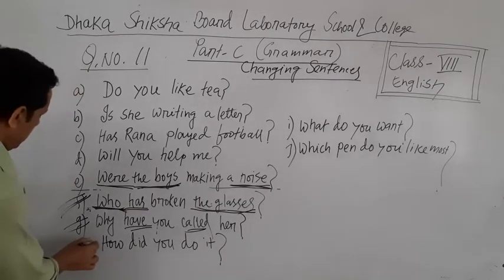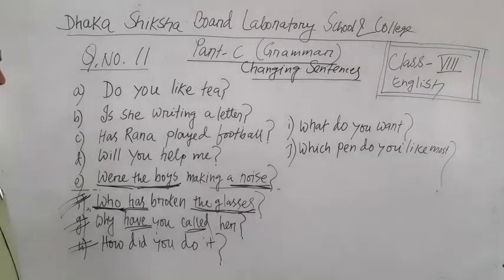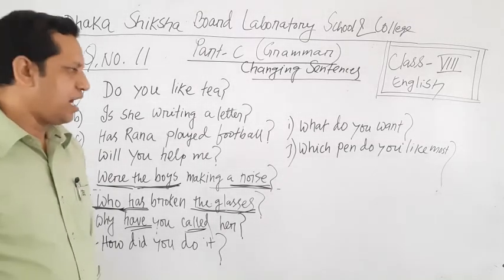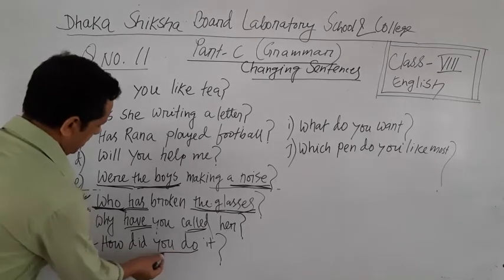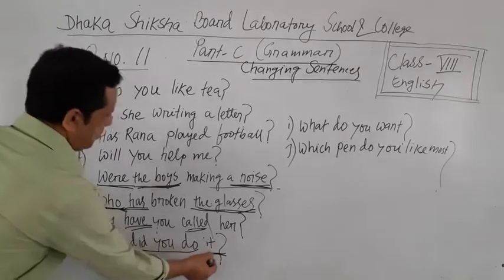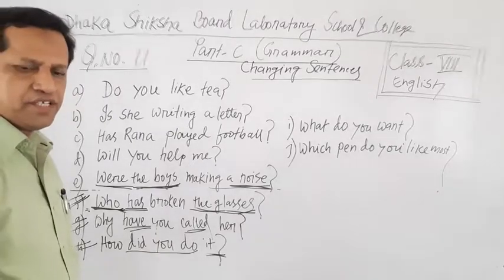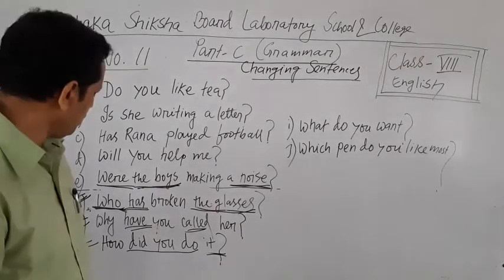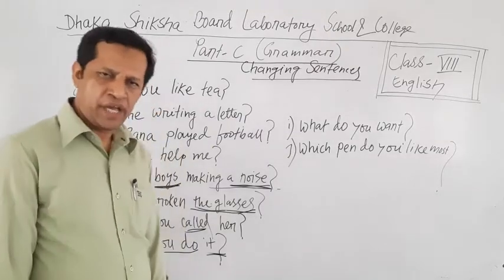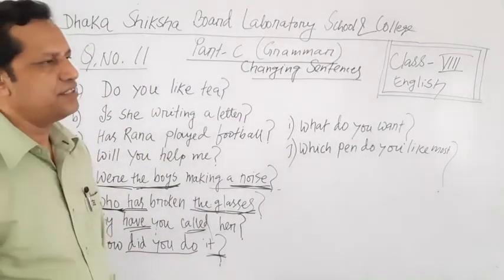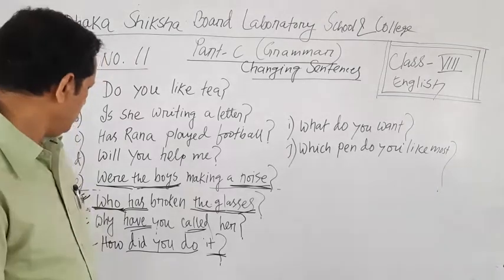Here, how did you do it? This is past indefinite, interrogative. So we have to use "was" or "were" as the helping verb.